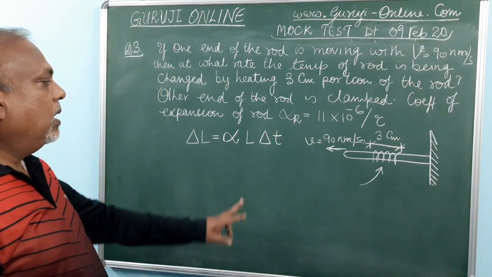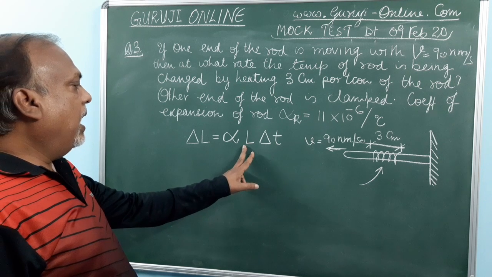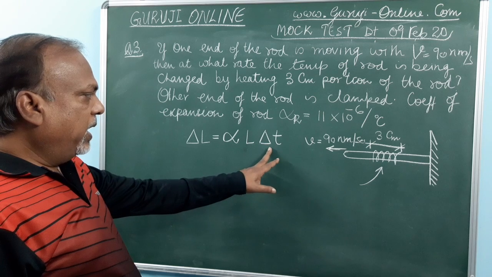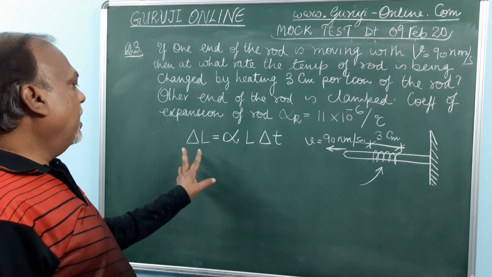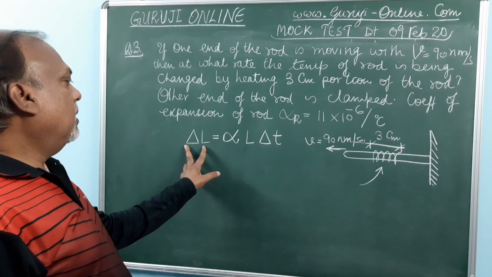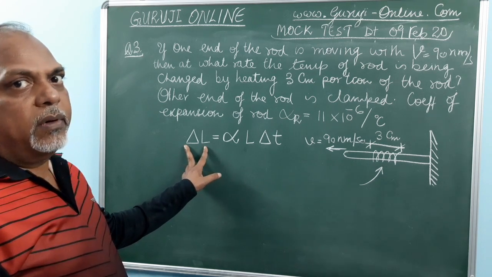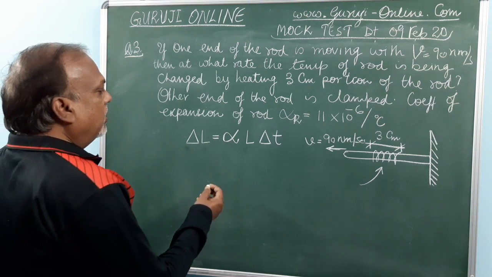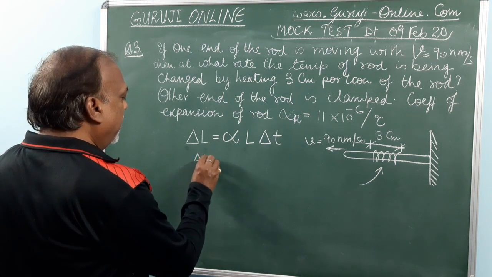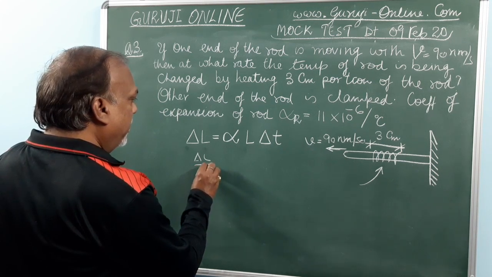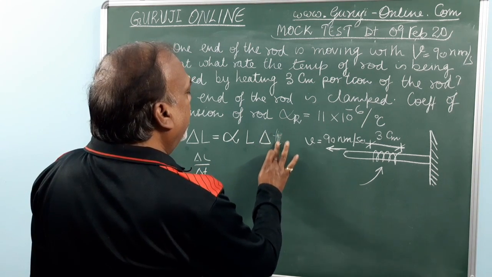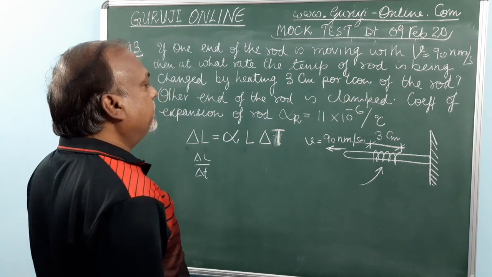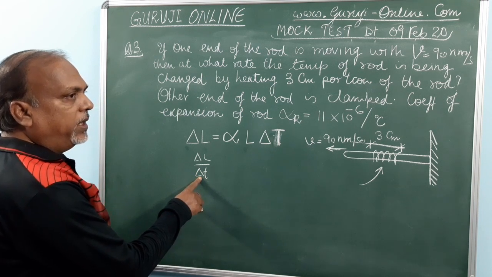Means if a rod of length L is heated or its temperature is raised by delta T, then it will elongate this much of length. Now, suppose we divide this delta L by delta t. Delta T is temperature, and delta t is time.